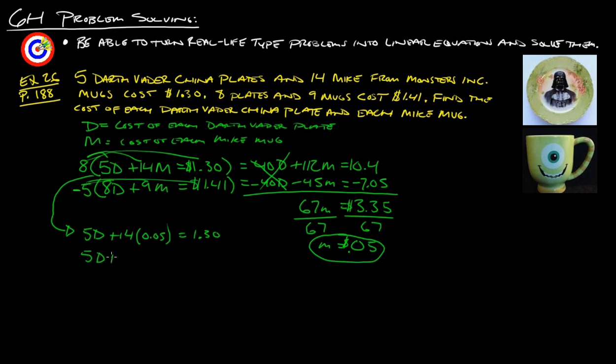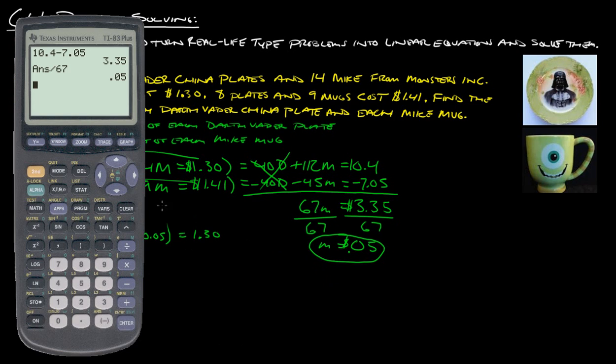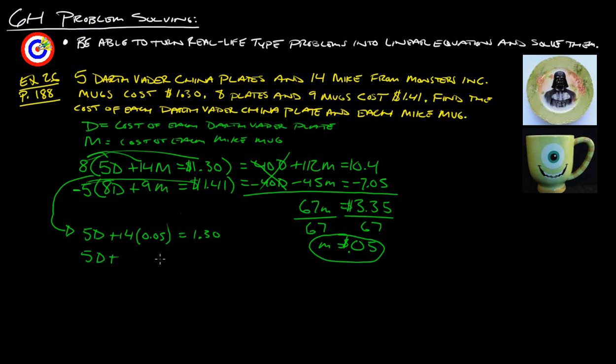So 5D plus 14 times 0.05 is 0.7, so we get plus 0.7 equals $1.30. Alright, so we subtract our 0.7 from both sides.